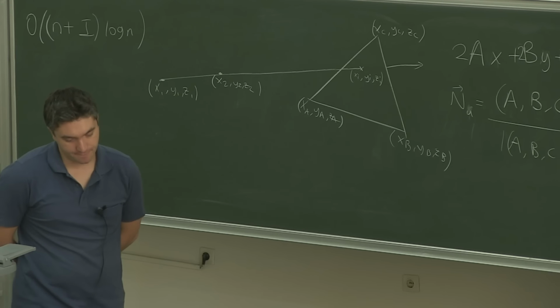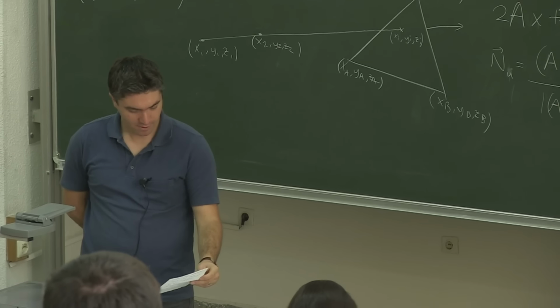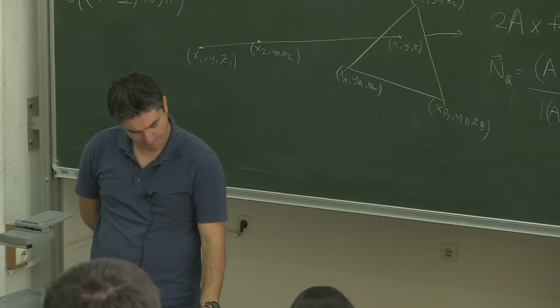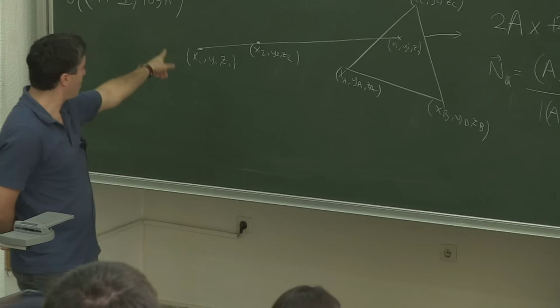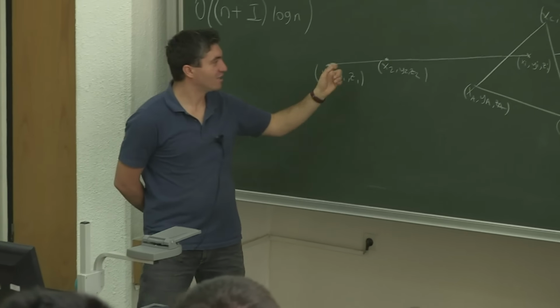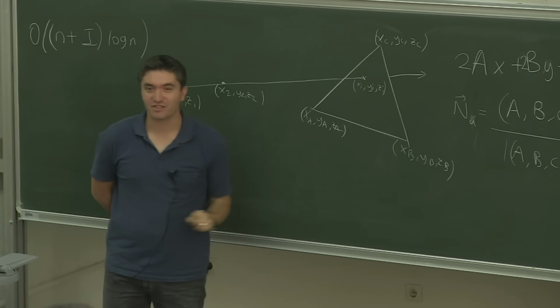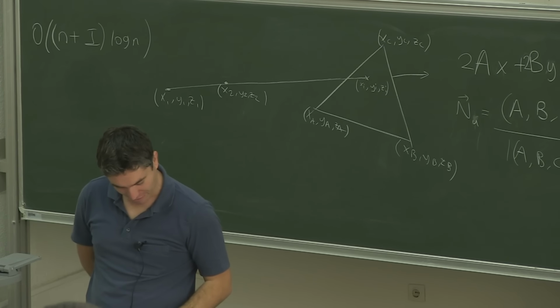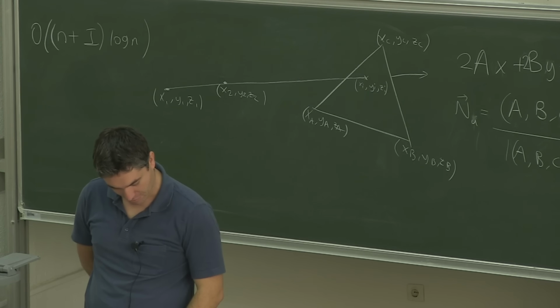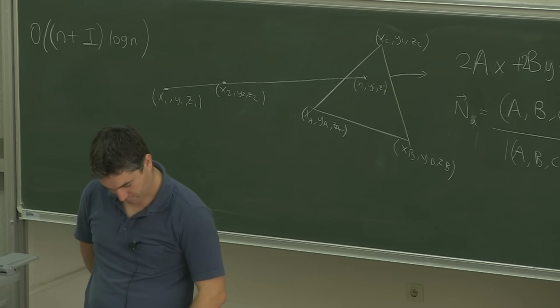Now, maybe we can attempt to solve our line triangle intersection problem. Since we have the plane equation, this is what we are going to need in my solution.